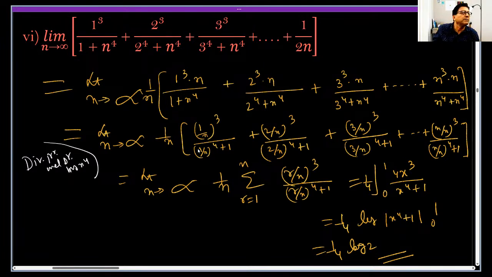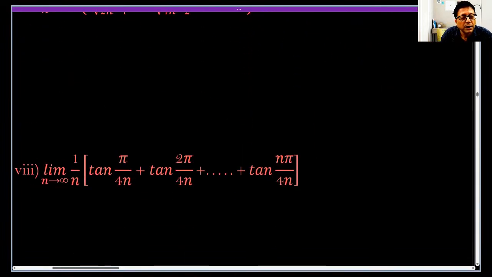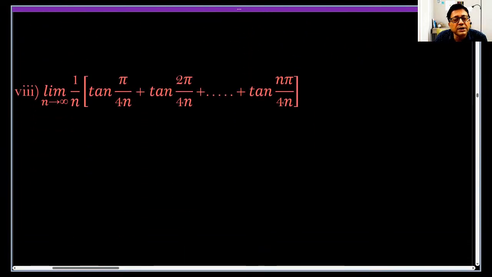When there are products of terms given, how to manipulate this infinite series. Is it okay? You have understood? Let us go for this kind of sum. I am just doing the manipulation.